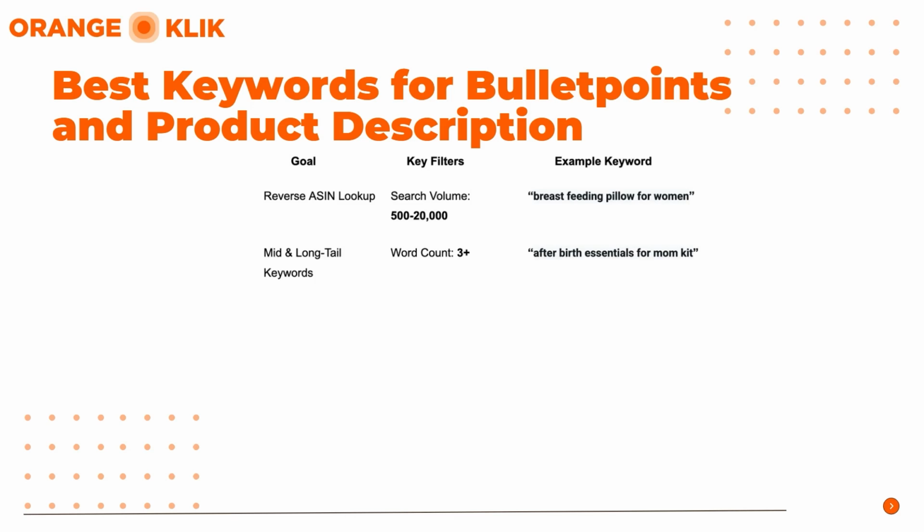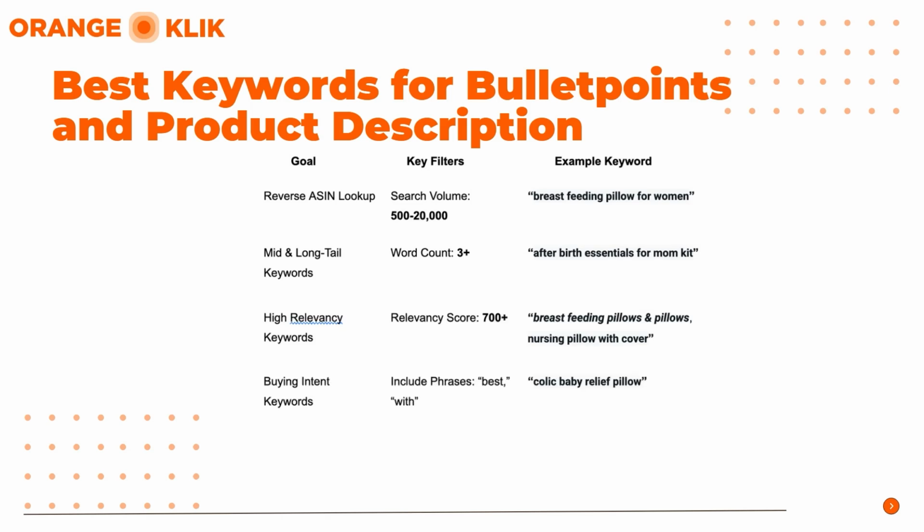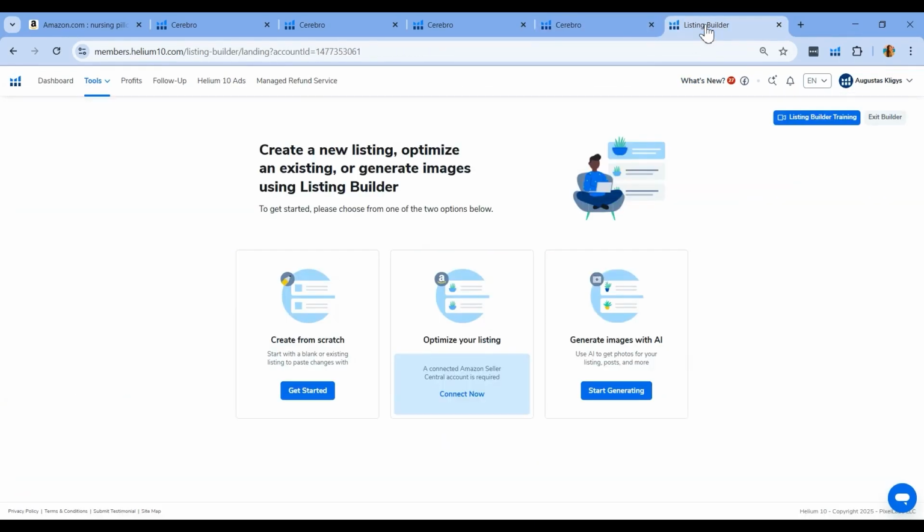For high relevancy keywords, we found breastfeeding pillows and pillow covers or nursing pillow with cover. For buying intent keywords, we saw colic baby relief pillow. For competitor gap analysis, we saw the keywords breastfeeding pillow or baby feeding pillow or bottle feeding pillow. By applying these strategies, you can create highly optimized bullet points and descriptions that drive better indexing.